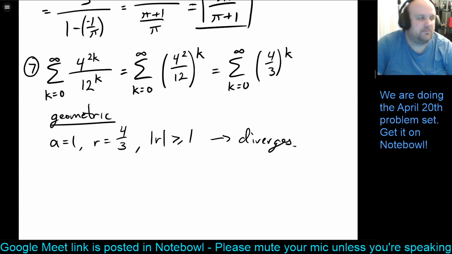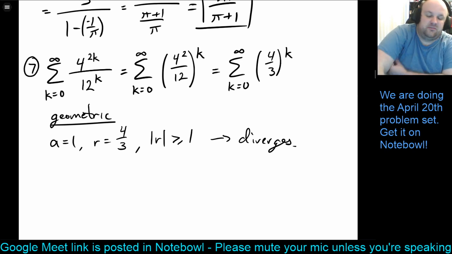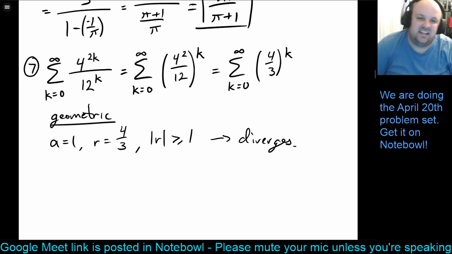We can't actually compute any value of this because it's going to diverge. I guess in this case, since all the terms are positive, we could say that this adds up to infinity, but we really don't usually say that. We just say it diverges. So, any questions there? If you can get this stuff, this kind of sets the tone for everything else.